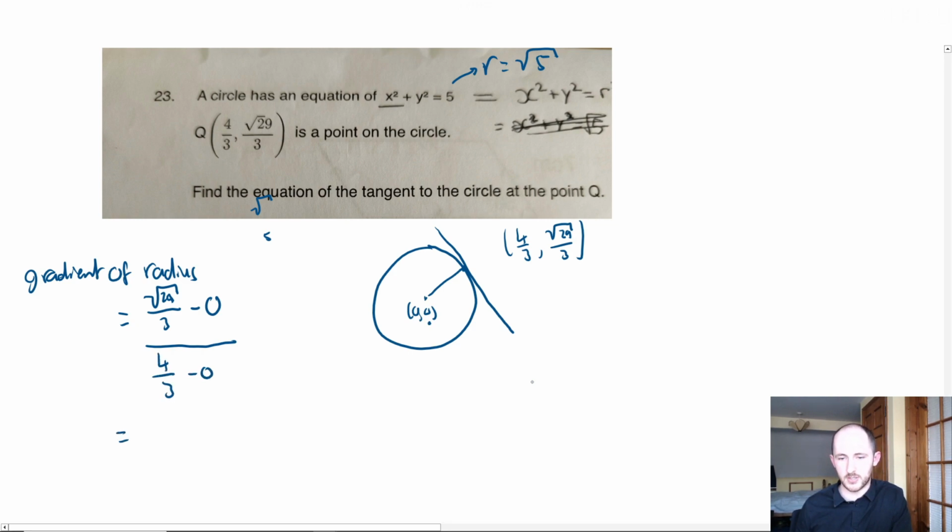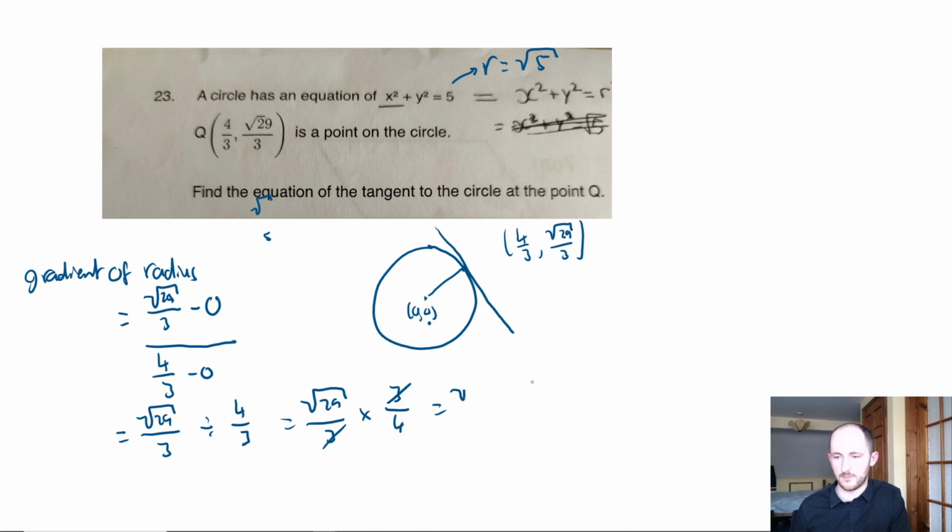So in other words, it's just root 29 over 3 divided by 4 over 3. So it's root 29 over 3 times 3 over 4. Cancel out the 3's and you get root 29 over 4, which means the gradient of the tangent, so I'm going to call that mt, is just minus 4 over square root 29.